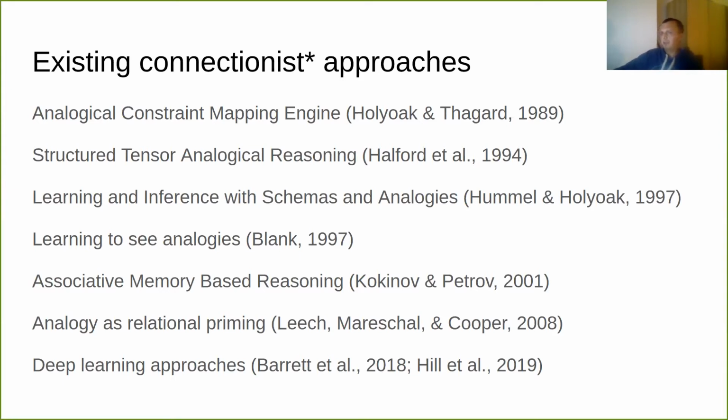The Analogical Constraint Mapping Engine by Holyoak and Thagard was one of the first connectionist models of analogy making. It basically assumes that we can organize concepts, including relations, in some kind of constraint satisfaction network, and let activation spread in this network, and it will settle in a given state, which is the one that we are looking for. For example, we can use this final state to infer what is mapped to what, and so forth.